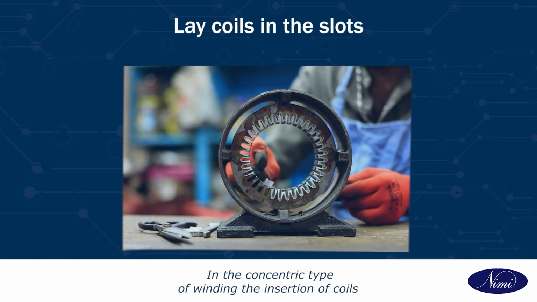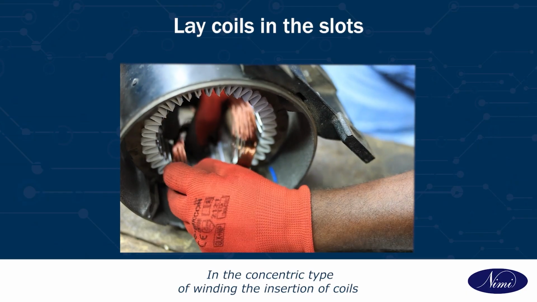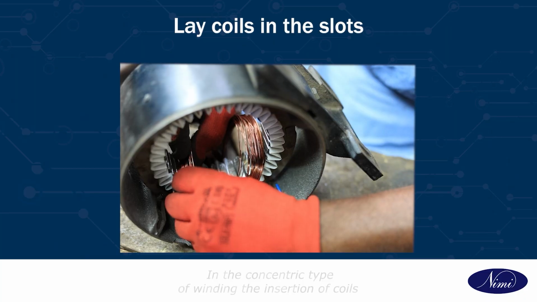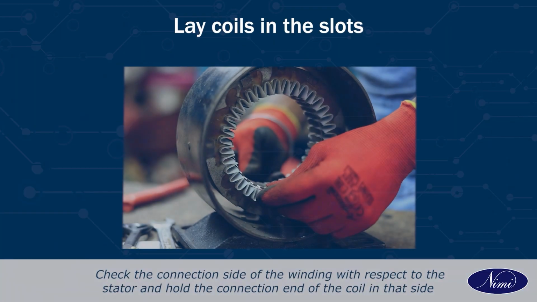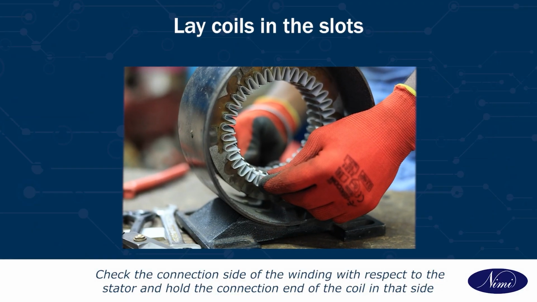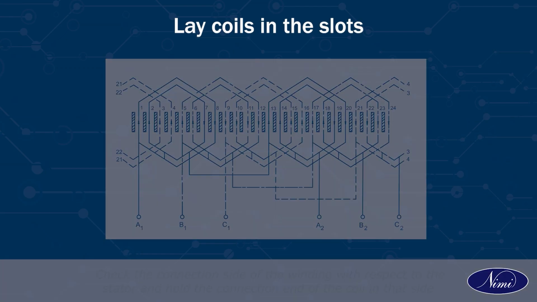In the concentric type of winding, the insertion of coils should start from the inner coil, which is having the shortest pitch. Check the connection side of the winding with respect to the stator and hold the connection end of the coil in that side.